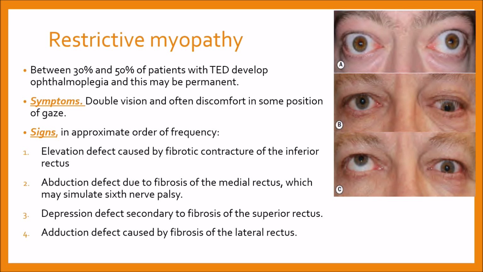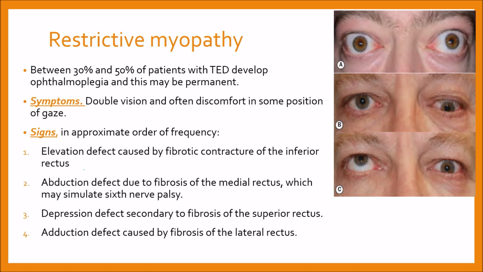Signs in approximate order of frequency are: number 1, elevation defect, which is caused by fibrotic contracture of the inferior rectus. Then is the abduction defect due to fibrosis of the medial rectus, which may simulate sixth nerve palsy. Depression defect secondary to fibrosis of superior rectus. Adduction defect caused by fibrosis of lateral rectus.